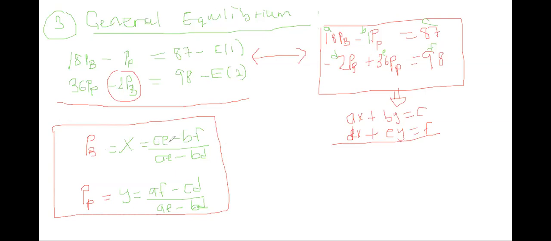All we need to know is A, B, C, D, E and F. A is 18, B is minus 1, C is the constant, which is 87, D is minus 2, E is 36, and F is 98.